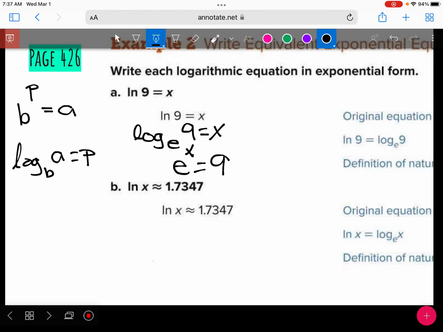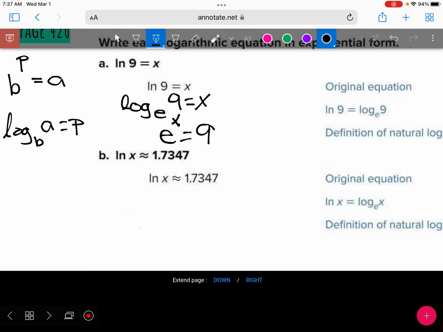Okay, so this one, it looks weird, part B, but it's the same exact thing. We're going to switch our ln to be log base e of something equals 1.7347-ish.